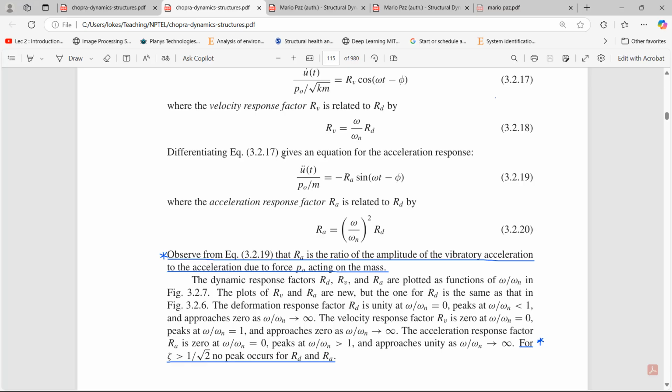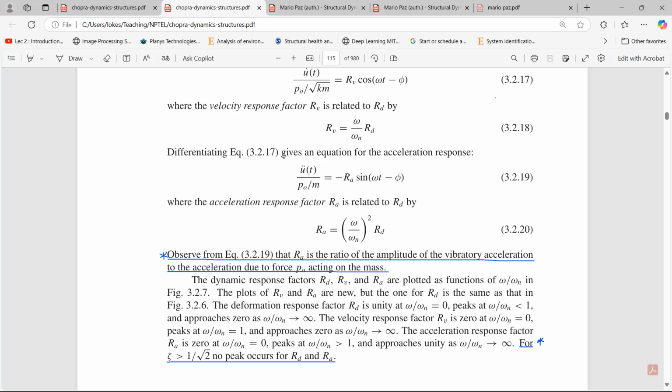For this we will go back to the response of the SDOF system when base motion is applied. So u of t is equal to... when it is subjected to the ground motion, what is the equation? It's ug double dot, Rd times sine omega t minus phi.